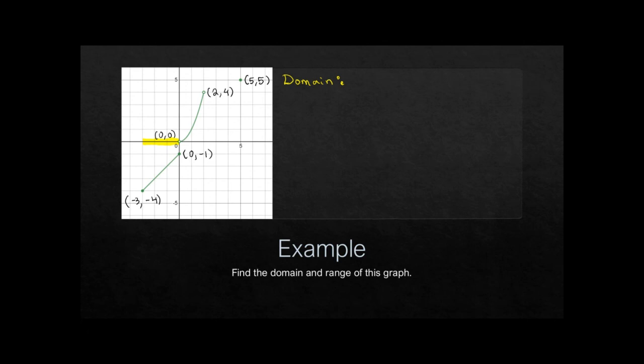Then we have a second section that stops at 2. You can see those two sections, when you're looking at the x values, actually join together. And then you just have a dot here at 5. Because the first two sections join together, we're going to combine that into one, and then we're going to have a little dot.